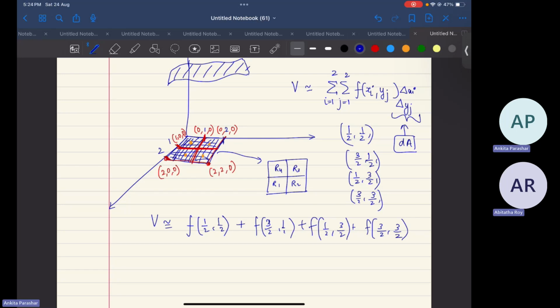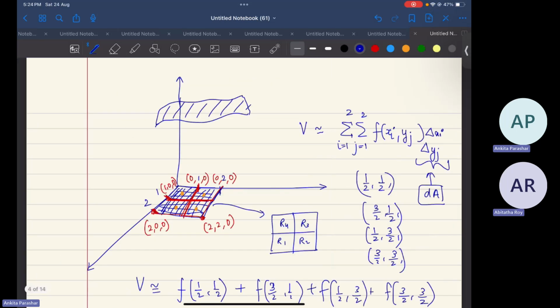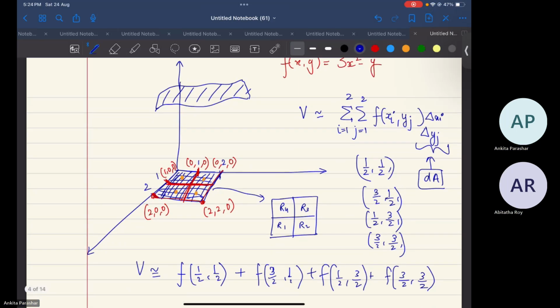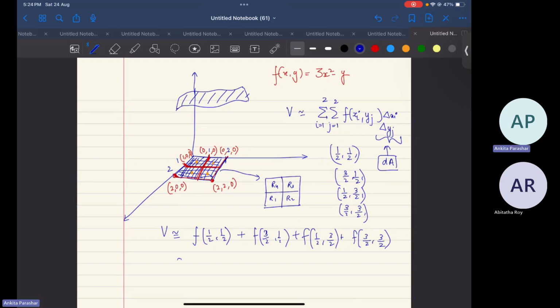Show me the function once. Sure. The function is 3x square minus y. Let me write here f of x, y is 3x square minus y. Okay, let's compute: 1 by 4 minus 1 by 2 plus 3 times 9 by 4 minus 1 by 2. 3 by 4 minus 3 by 2. 27 by 4 minus 3 by 2.